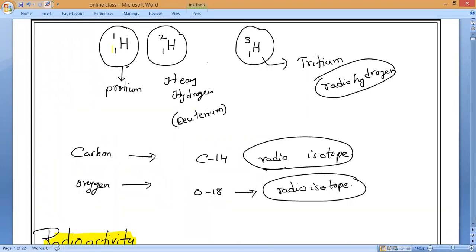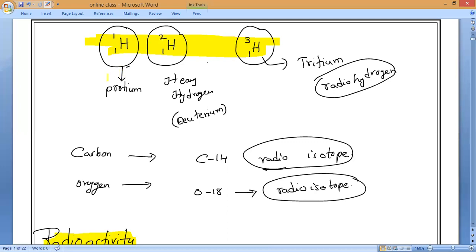For example, if you take isotopes of hydrogen, who is varying from one isotope to another? Mass will be different. Of course, mass number. Mass number means number of protons plus number of neutrons. We all know that the number of protons always remains constant in a given atom of an element. So who is always varying? Number of neutrons.